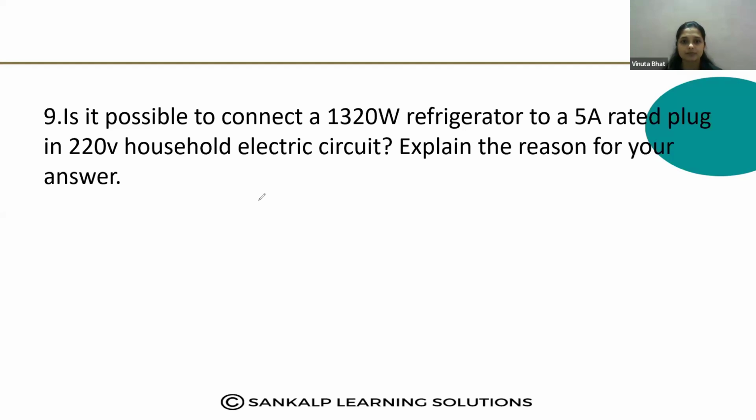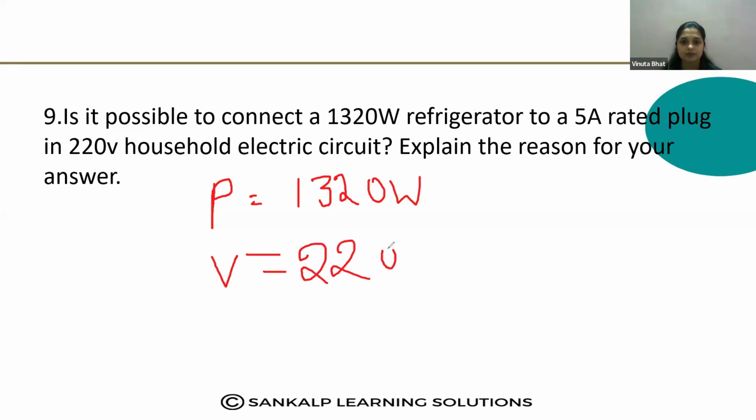Here, power P is 1320 watt, the current of the fuse is 5 ampere, and the voltage V is 220 volt.